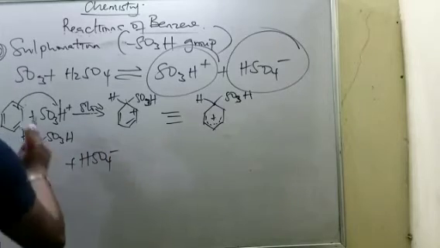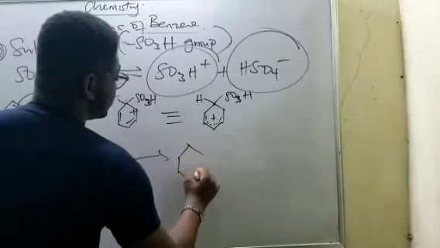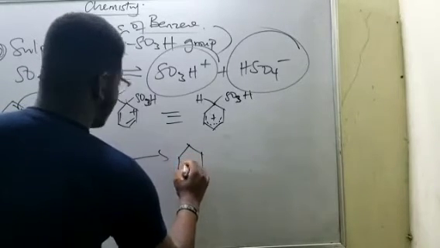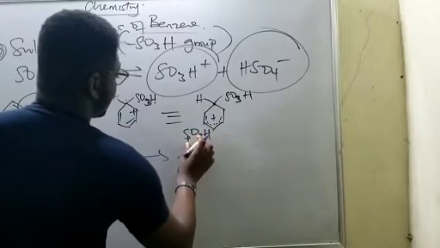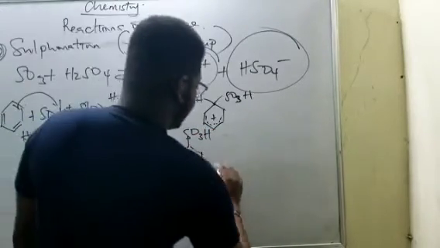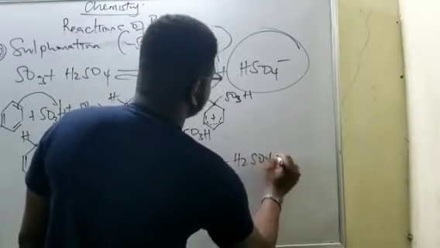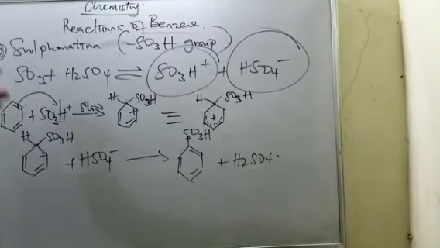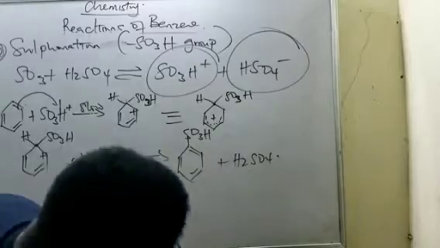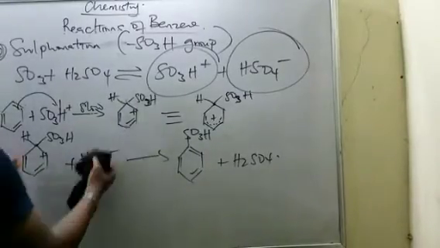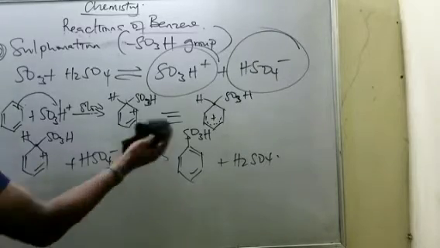So this takes the hydrogen as a proton, and we are left with our sulfonated benzene plus sulfuric acid. This is just the simple version. It could have been elaborated just like we did for the nitration, but because of time, it is better we use the hybrid resonance structure to explain that.